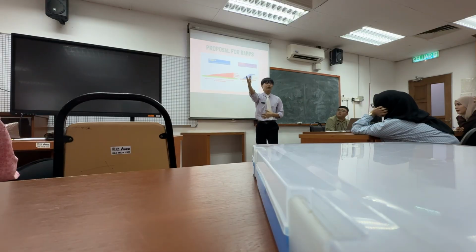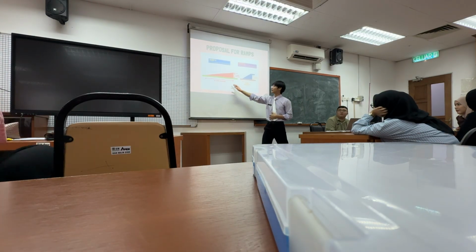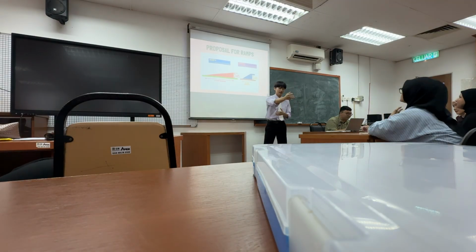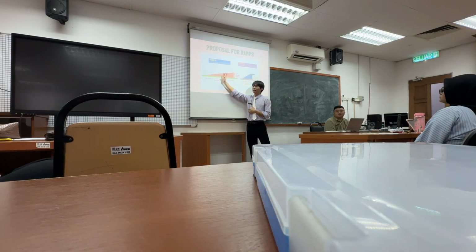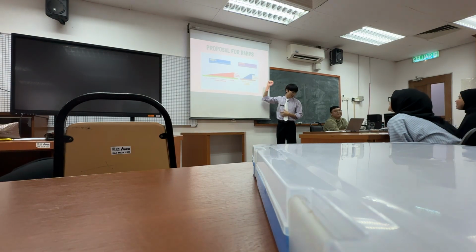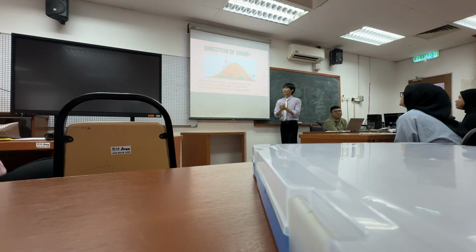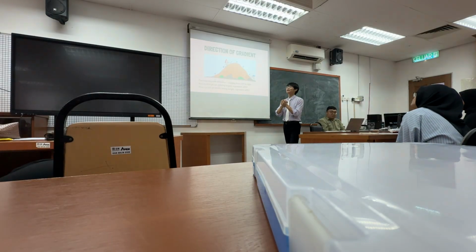Just now Hasina said these two vertical distances are the same, but the horizontal distances are different. From the observation, you can see that ramp A is less steep than ramp B. Good.